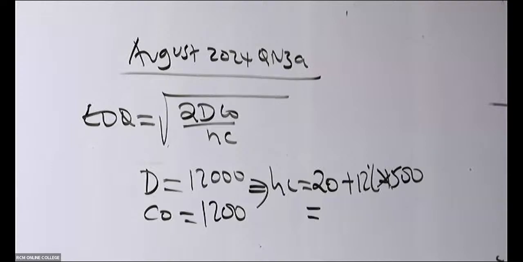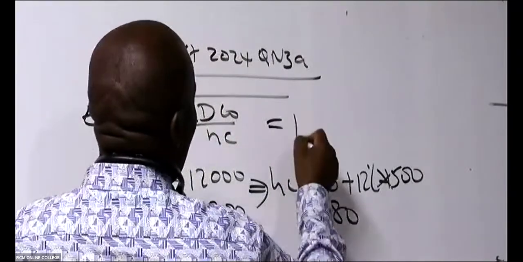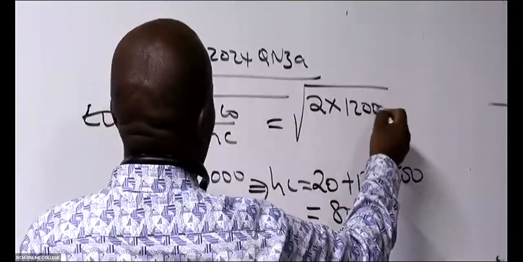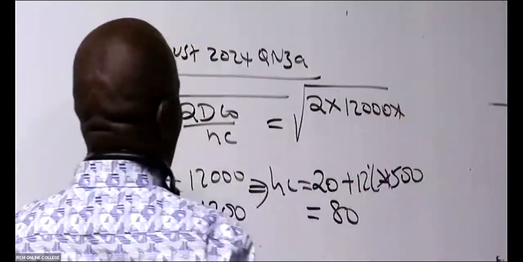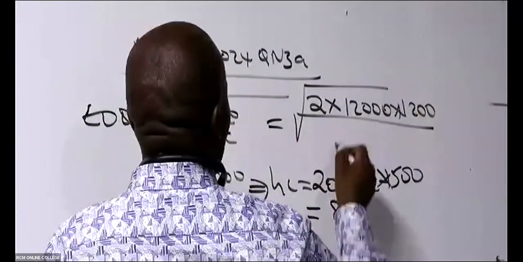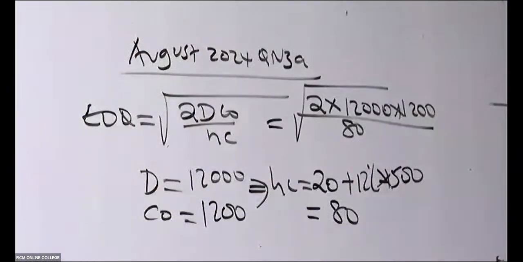Anybody? 80, 80. So then come here outrightly and tell us square root of 2 times D, 12,000, times cost per order of 1,200 divided by our holding cost, which is 80 there. So square root of that, please go ahead and give me the answer.